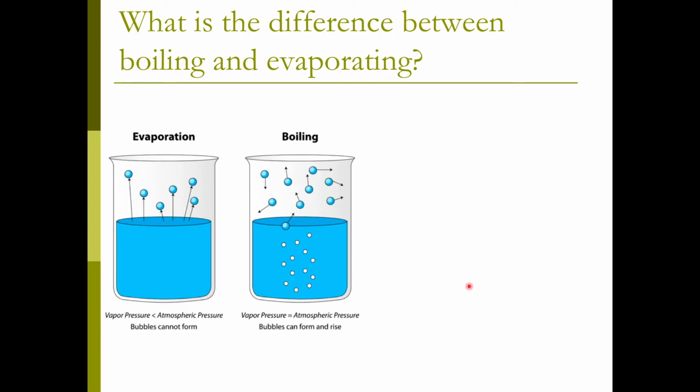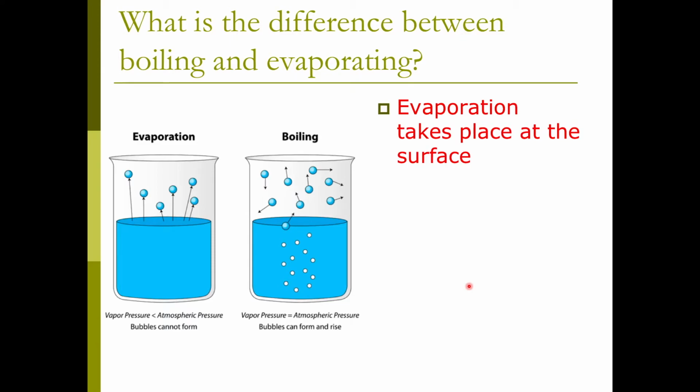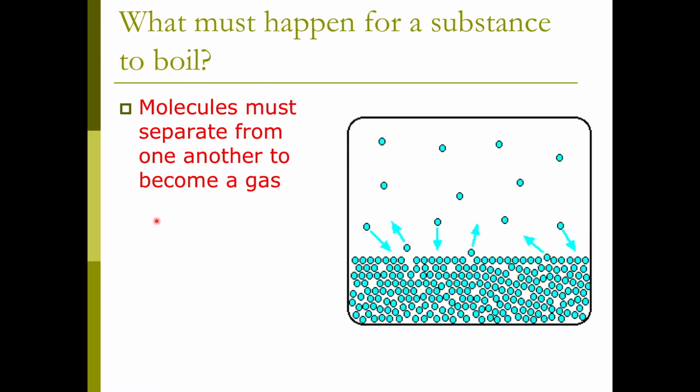Now, what is the difference between boiling and evaporating? Give that one a think. So, evaporation will take place at the surface. That's where the vapor pressure is less than the atmospheric pressure, and so molecules that sit at the top, let's take a look at that picture, molecules that sit at the top can sometimes get bumped off and join the gas phase.